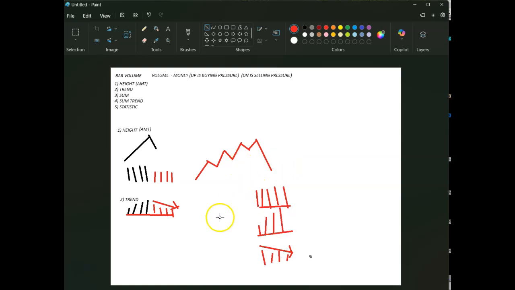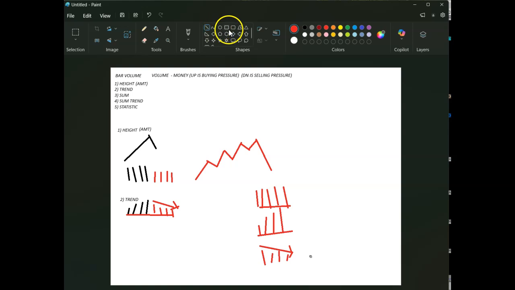All right. So anyway, coming back to trend of volume, very important. First, in this framework, you take a look at the height, and it's just the amount of money coming in versus the amount of money coming out, buying pressure, selling pressure, more or less, right? That's what you're looking for. Second is the trend. Is there more money, and is it increasing or is it decreasing?